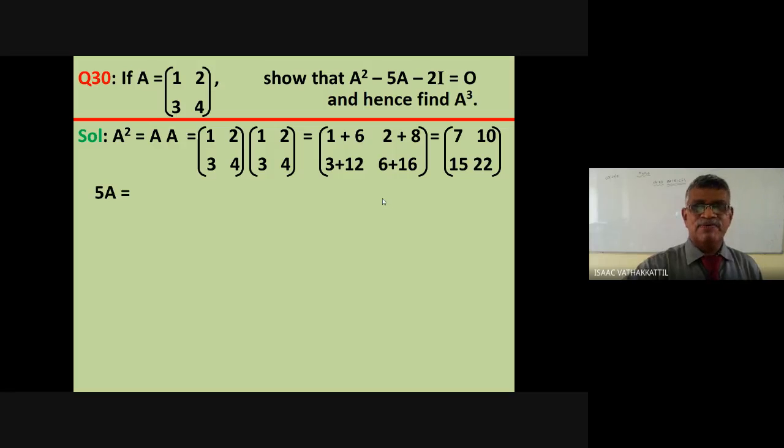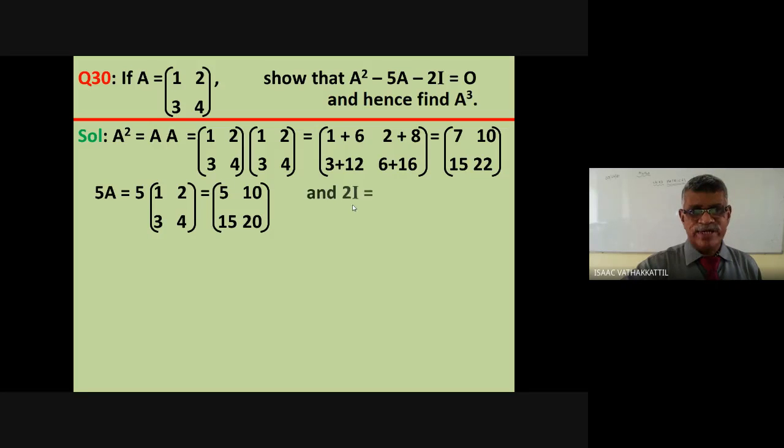Now minus 5A. I write 5A and subtract it. 5A, A is 1, 2, 3, 4. So it will be 5, 10, 15, 20. And 2I. Here I is supposed to be an identity matrix, and this is a 2 by 2 matrix. So I will be 1, 0, 0, 1. So 2I is 2, 0, 0, 2. Clear?